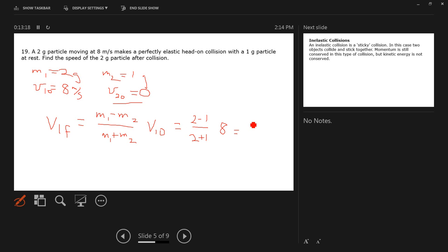Looks like 8/3 meters per second. I didn't really care about the units on the mass because we had grams on top and grams on the bottom, so that canceled each other out. So we're pretty good there. Okay, so doing elastic collision problems is real easy. You just apply those two formulas that were derived from conservation of momentum and conservation of kinetic energy.